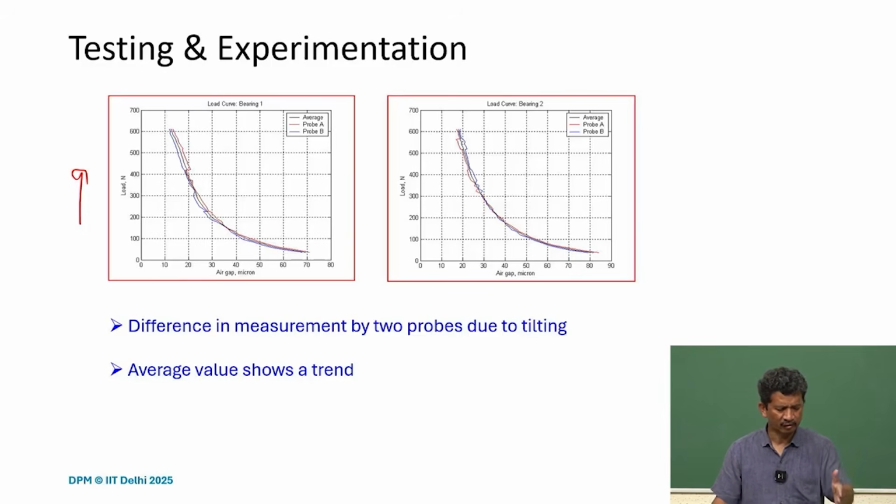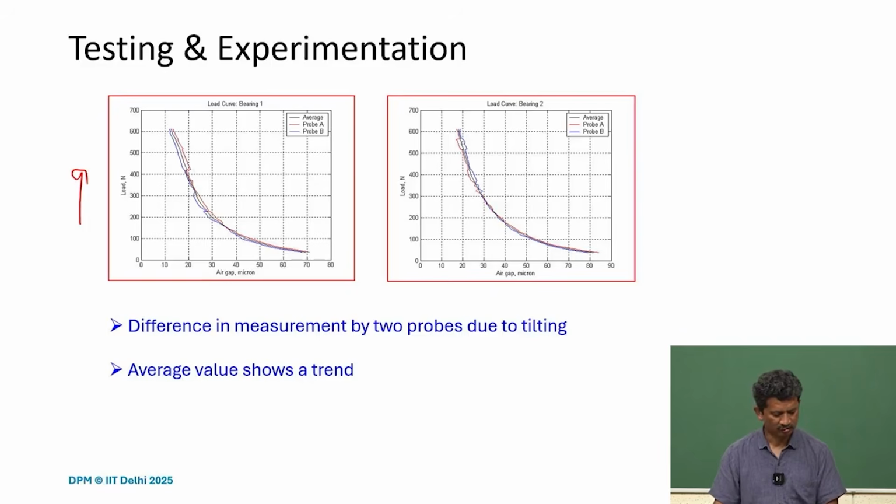Therefore, what we see here is evident, because it's moving from one side to the other side, and there is a jump. But once we take the average, we can get a very good line, because the tilting effect is 180 degrees, so it can be nullified. There is an increase, but there will be an equivalent decrease, and we also change it.